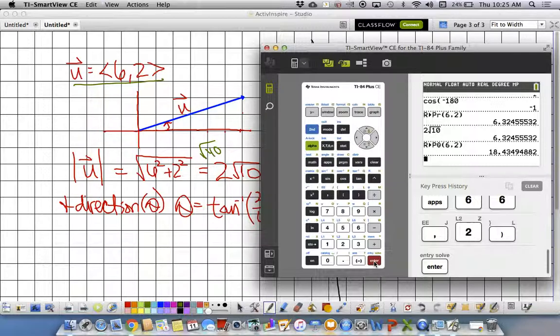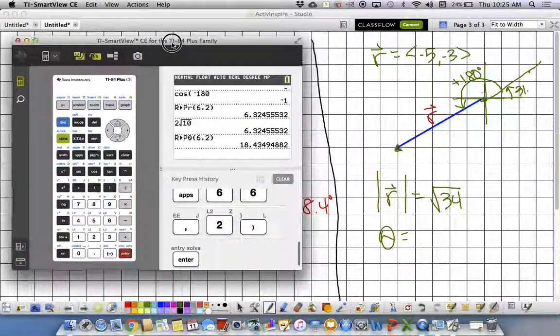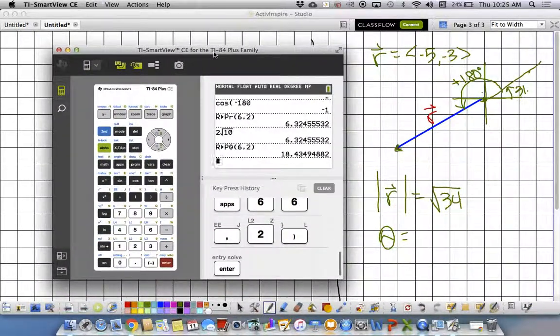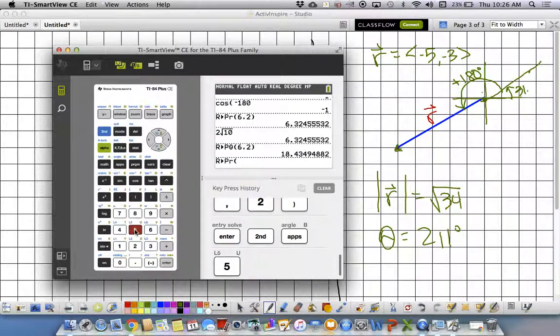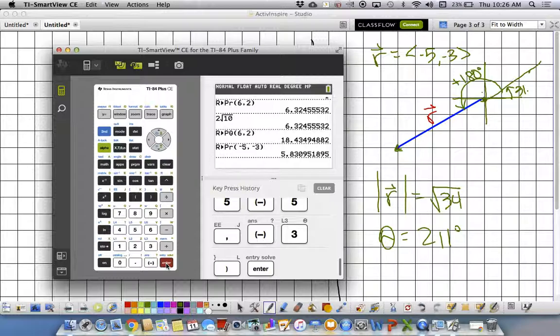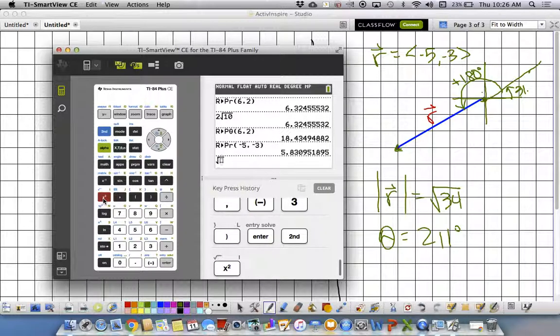If it's not in the first quadrant, now let's put in the one you just did. You've already added 180 plus 31. So let's put in the RPR -5, comma, -3 in parentheses. 5.8, is that the square root of 34?